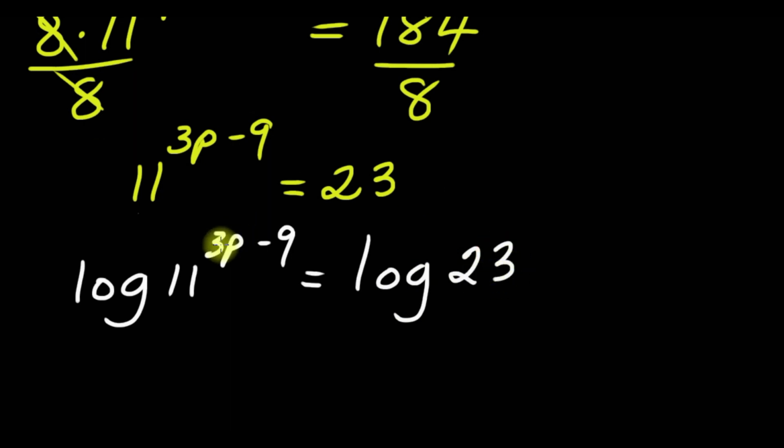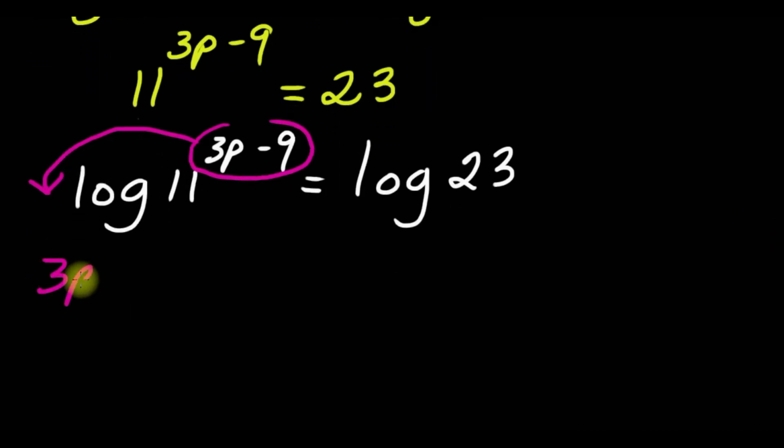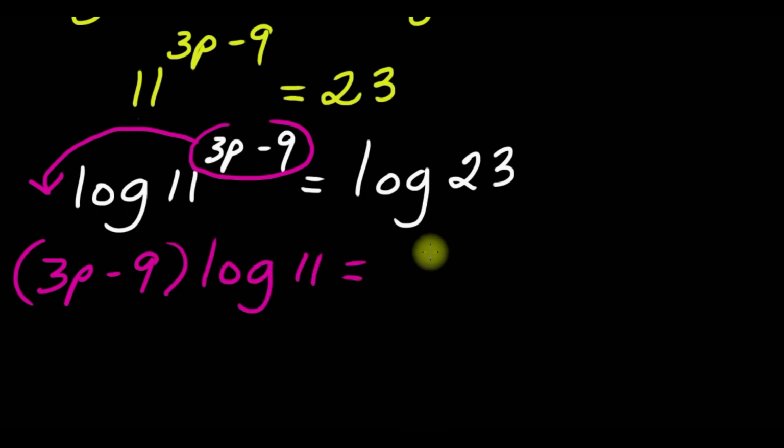Okay, so expand here. We're going to be able to bring down the exponent to the front of this log. So you have 3p minus 9 times log 11 is log 23.